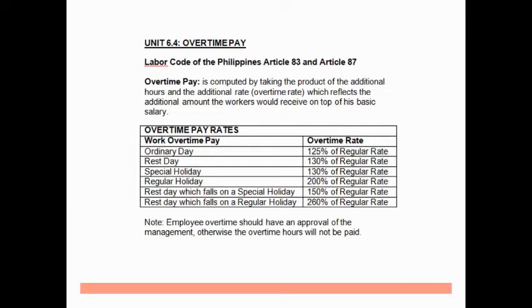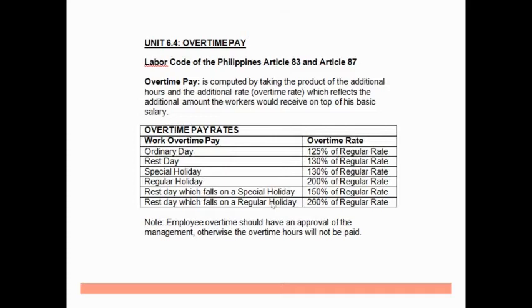Work beyond 8 hours on a holiday or rest day shall be paid an additional compensation equivalent to the rate of 8 hours on a holiday or rest day plus 30% thereof. In general, the overtime pay is computed by taking the product of the additional hours and the additional rate or overtime rate, which reflects the additional amount the worker would receive on top of his basic salary.